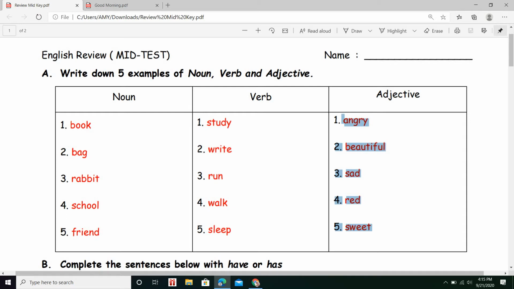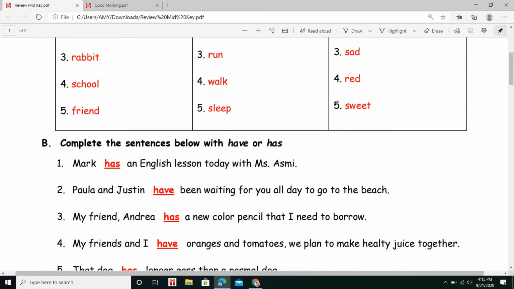We still have happy, ugly, hungry, green, yellow, orange, pink, and sour. So this example is not the exact adjective that you have to follow because we have so many other examples of adjective. Alright, friends, let's move to part B.